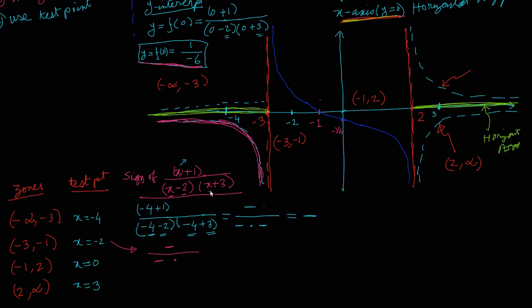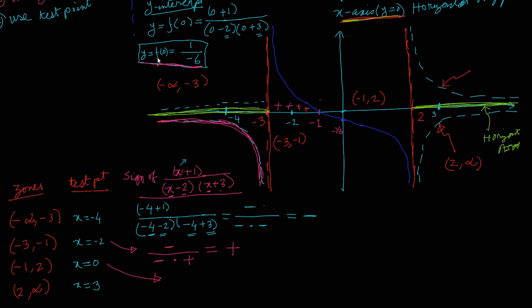And then negative 2 plus 3 is positive. Two negative signs make a positive, so in this zone I am going to have positive, which means my graph needs to be above the x-axis, which it already is. All right, now let us see x equal to 0.